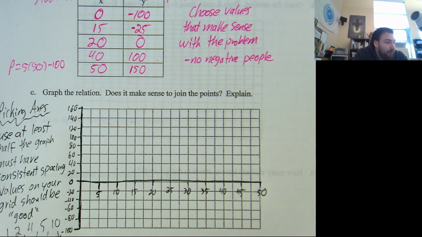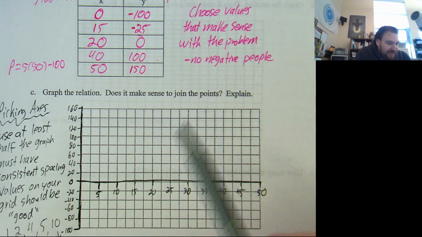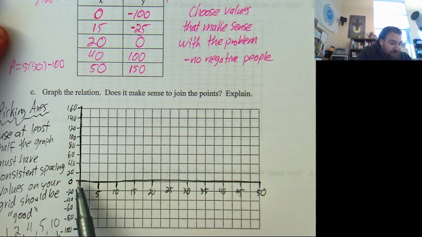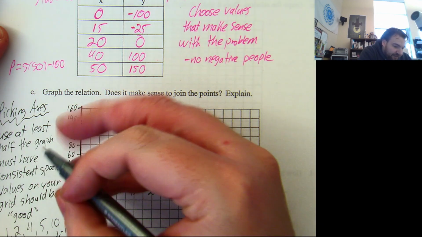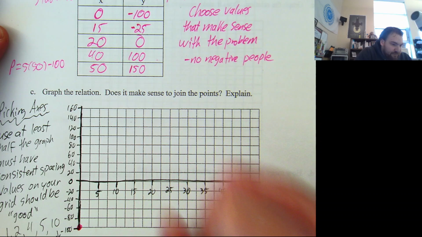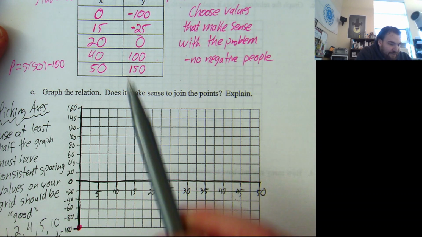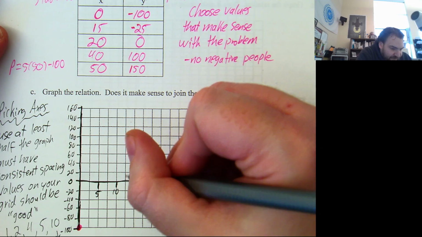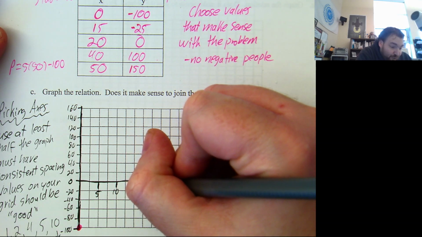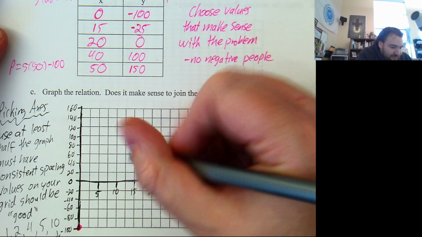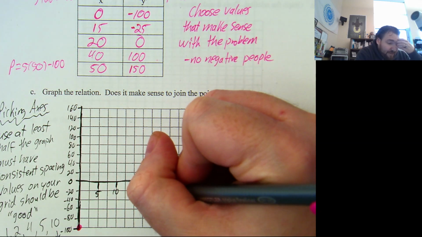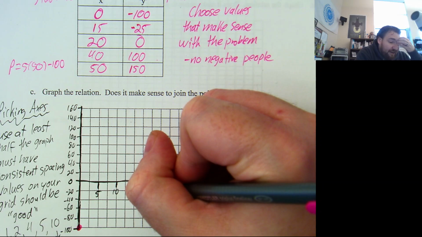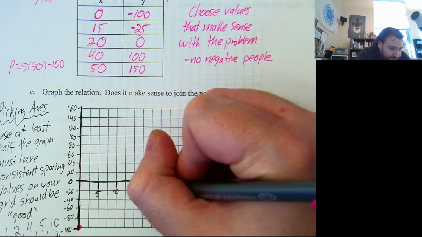And now we can plot these points on the graph. 0 and negative 100. So 0 in the x, negative 100 in the y is down here. 15 and negative 25. Ooh, negative 25 is going to be tricky. Because halfway between negative 20 and negative 40 is negative 30.